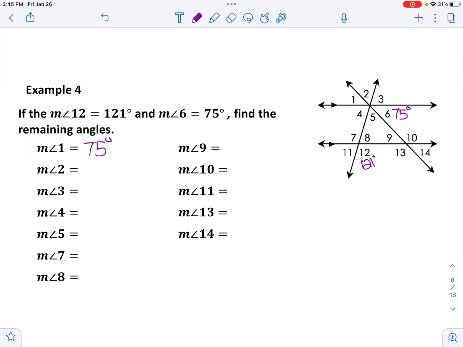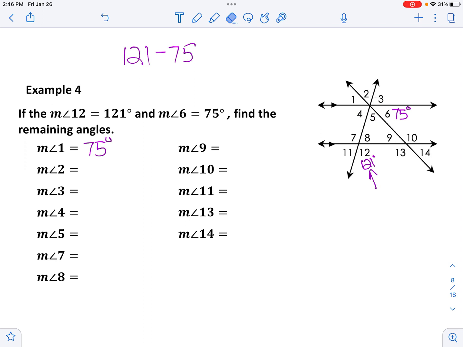Okay. All right. Now, I also know that this right here, 5 and 6 together, should be the same as 121 degrees. So if I put those together, I should get 121. So if I go 121 minus 75, that'll tell me what 5 is.